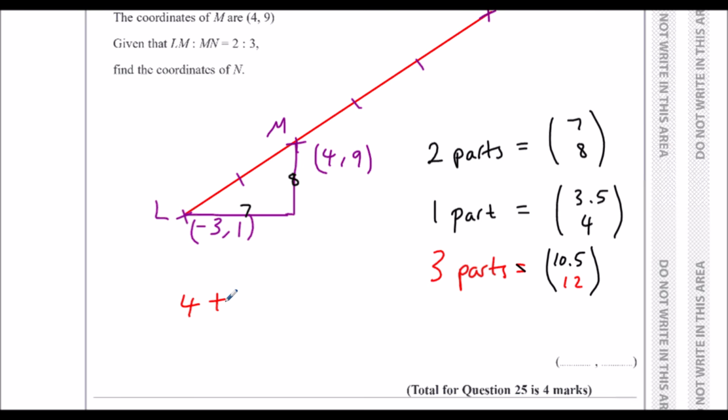So 4 plus 10.5 is 14.5. And we want to go up 12. 9 plus 12 is 21. So if we go along 3.5 up 4, three times, we'll be at 14.5, 21.